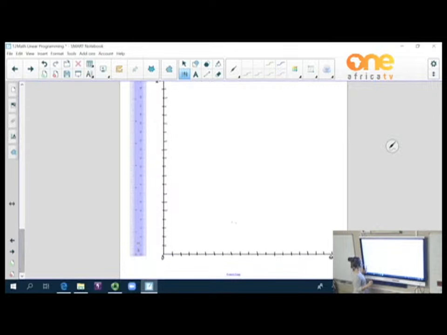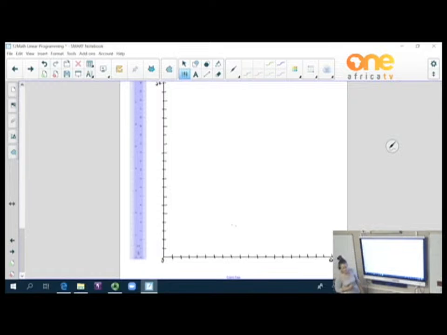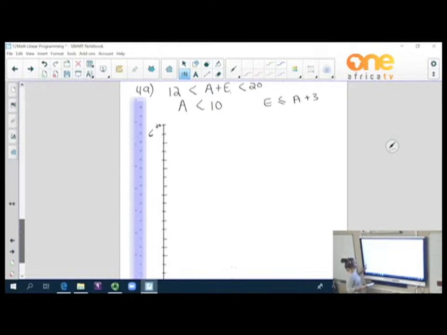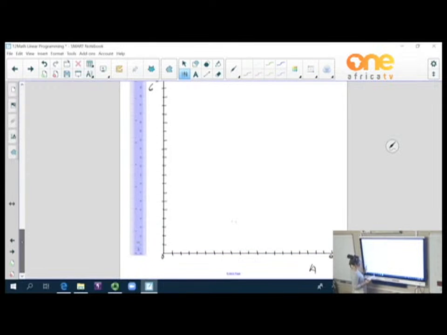So we need one side for Argentina and one side we need for England students. So I've got England on this side and Argentina on that side. You can swap them. That is no problem. So we will start out with our first inequality, the easiest one, which is this one. Argentina is less than 10. So find Argentina.